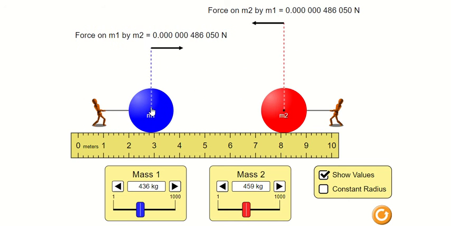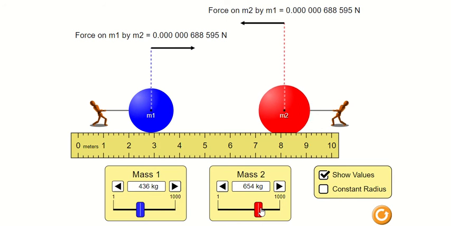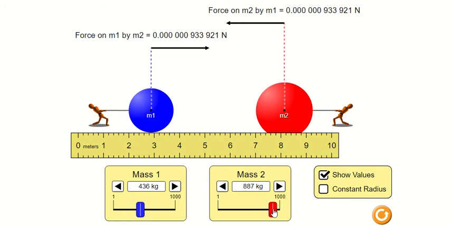So for Newton's law of gravitation, we can see that if I increase the mass, the arrows increase in length, which means the amount of force increases. So the force between these two masses increases if I increase any of these masses.